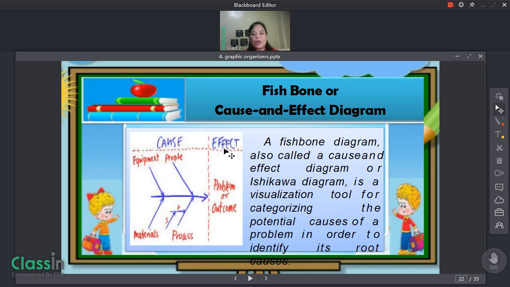In the head part of this, we have the effect, the result or the outcome of the problem. And in the body, what we are going to write here are the causes of the problem. So that is a fishbone or cause and effect diagram.